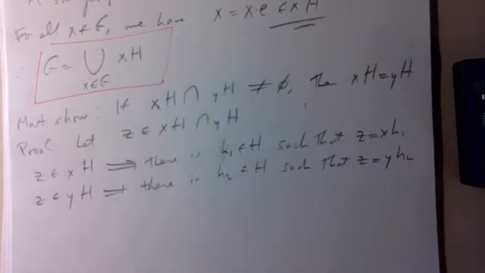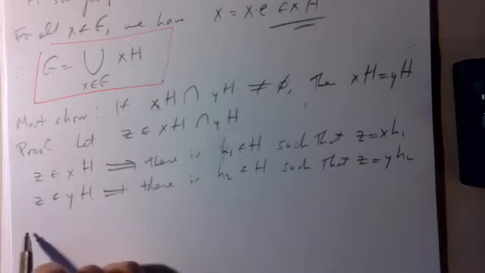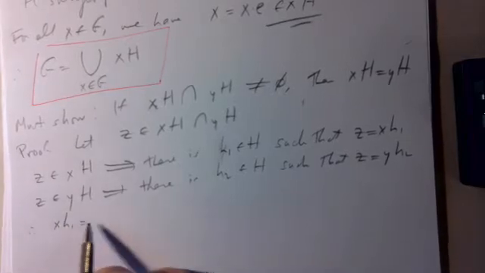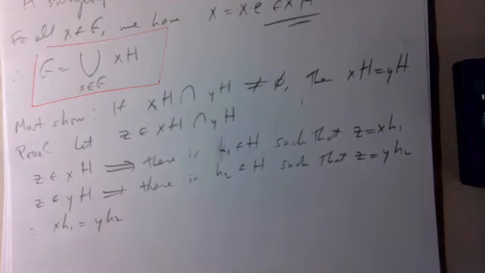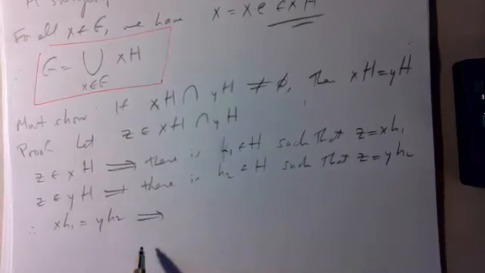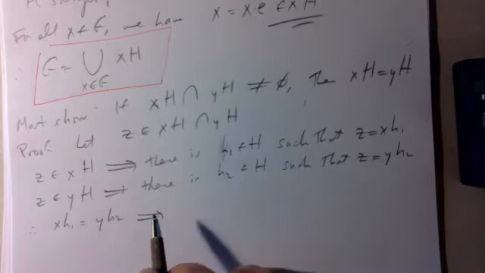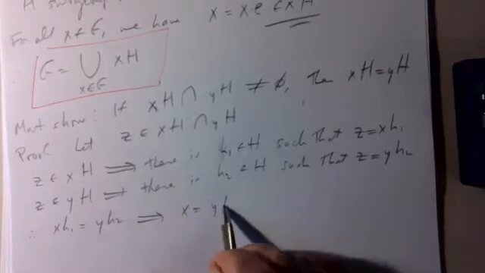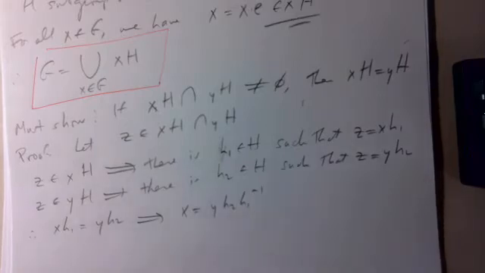Well, Aristotle said that things equal to the same thing are equal to each other. So therefore, XH1 equals YH2. Which means if I multiply on the right by H1 inverse, X is equal to YH2H1 inverse.